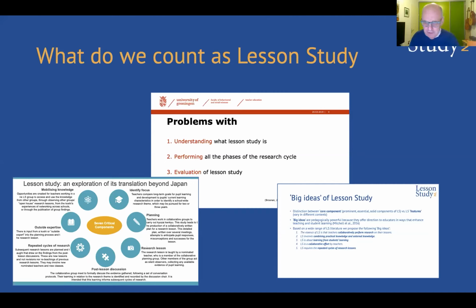They both try to capture the essential elements of lesson study, and basically also the things that make it a success. One thing I do like about Time's model is that below these five big ideas, we also have critical features and even implementations that give shape to the big ideas. So it doesn't remain at the abstract level. You are able to travel to more concrete levels below that.